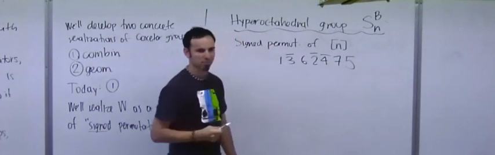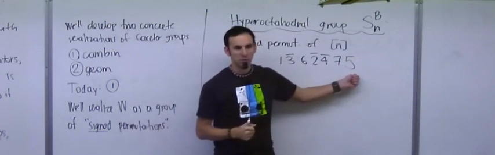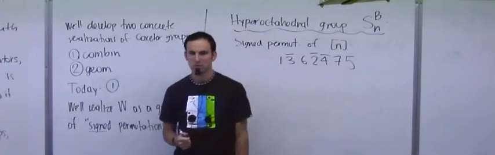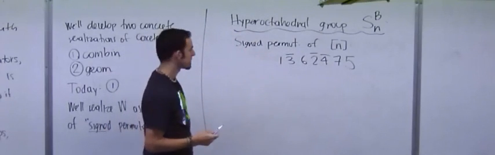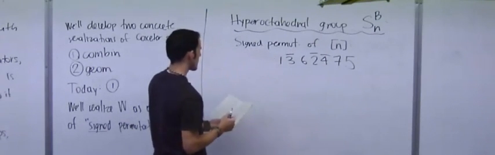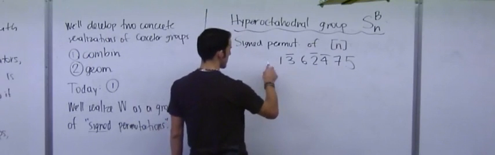So this is all a signed permutation is. It's a permutation of the numbers from 1 to n, except that some of them are deemed to be negative versions of the number. So they come with a sign that is either positive or negative. Okay? So this is the example.